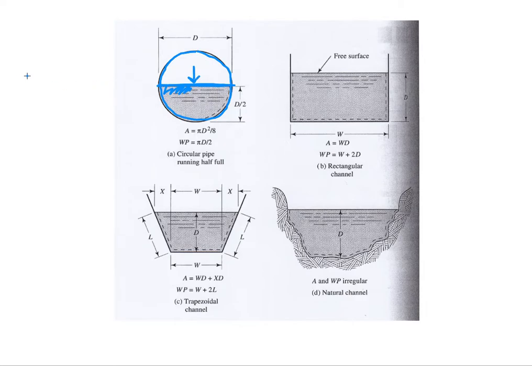So for the hydraulic radius, we have RH equals A over WP. A here means the flow cross-sectional area. What is the meaning of flow cross-sectional? You need to see the water flow.